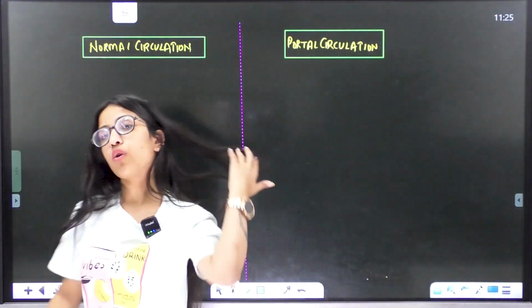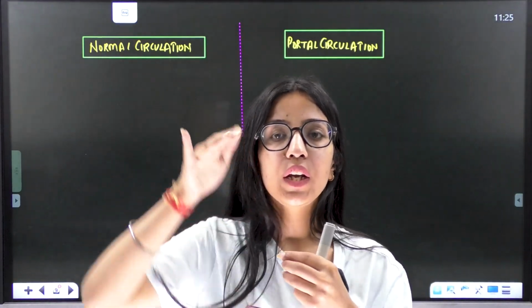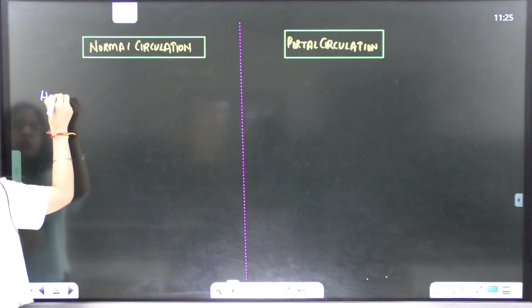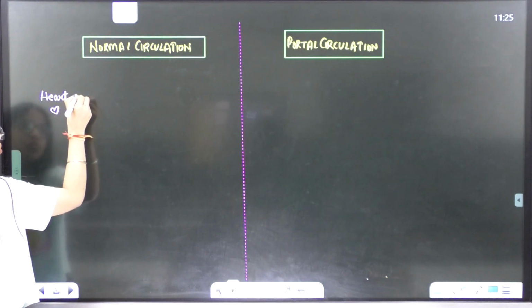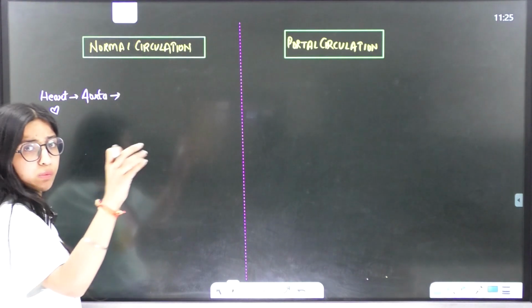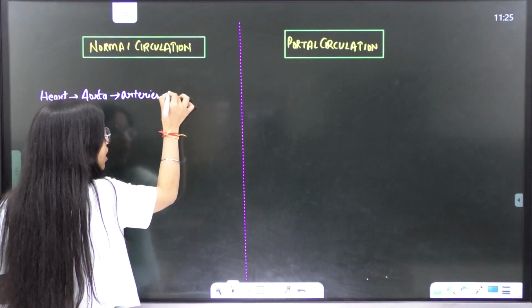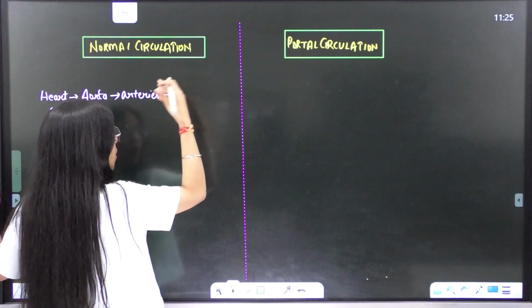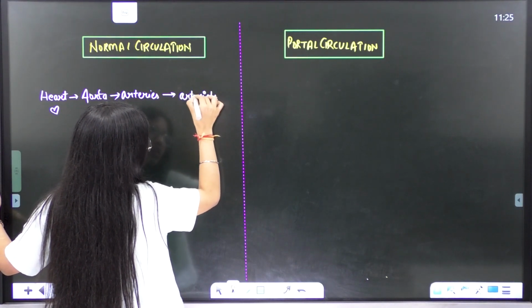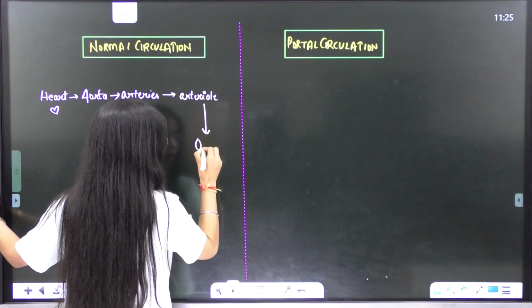So when we are talking about normal circulation, first step, the heart pours its blood into the aorta. The aorta breaks down into small vessels called arteries. Further, arteries break into many more small vessels called arterioles. Arterioles carry the blood to organs.